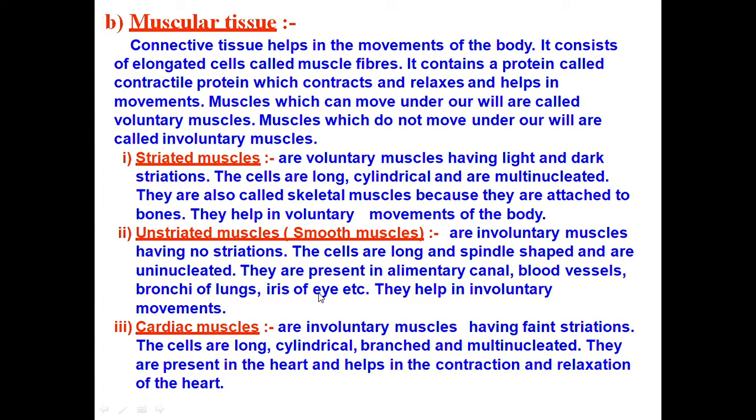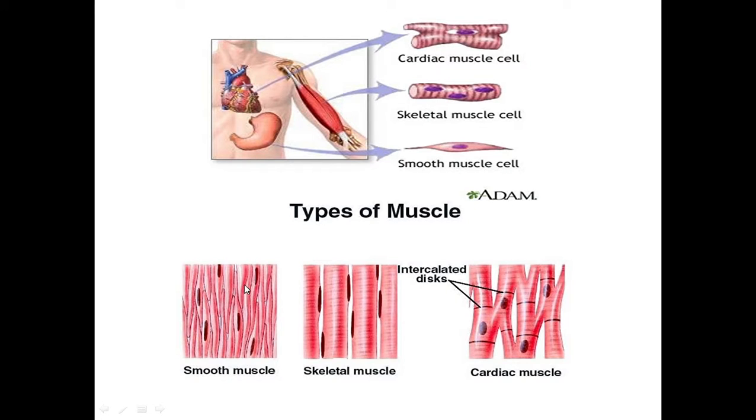All these organs are not controlled by our will, so these muscles help in the involuntary movement of the organs. You can see the diagram. These are the smooth muscles. They don't have bands. They are uninucleate. And the shape you see is spindle shaped.